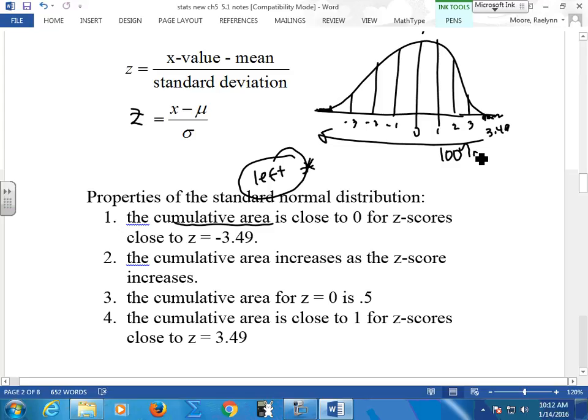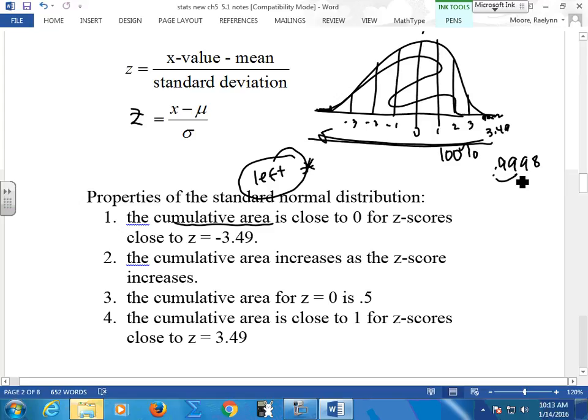So if you pick up your table for a second, I want you to tie all this in together. And you look at positive 3.49, go to the positive side, go all the way over to the right. It says 0.9998. Essentially, it's all this area to the left. It's almost 100%. If I move this decimal, it's 99.98% for the area.